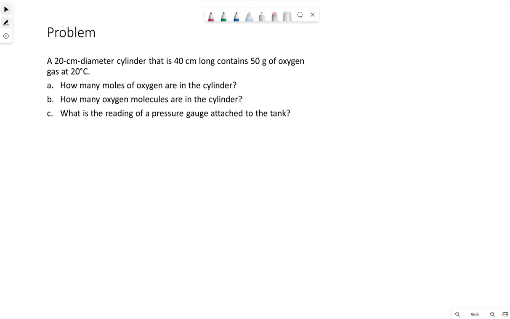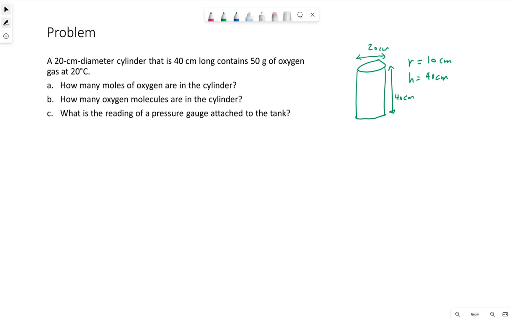All right, so our cylinder. The diameter is 20 centimeters, so the radius is 10 centimeters. It's 40 centimeters long, so H is 40 centimeters.